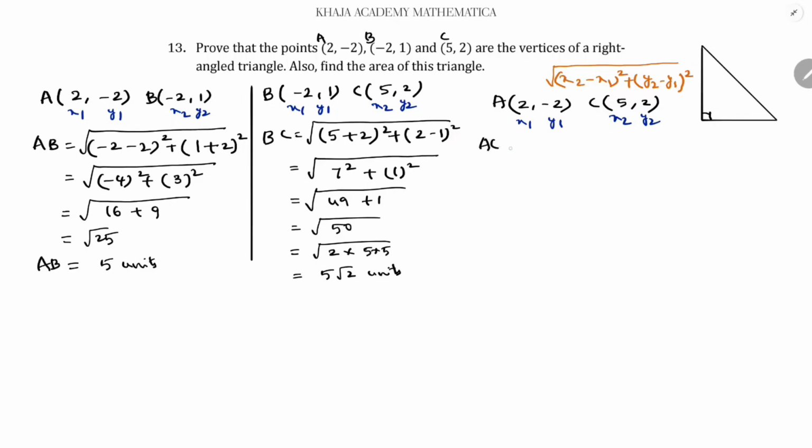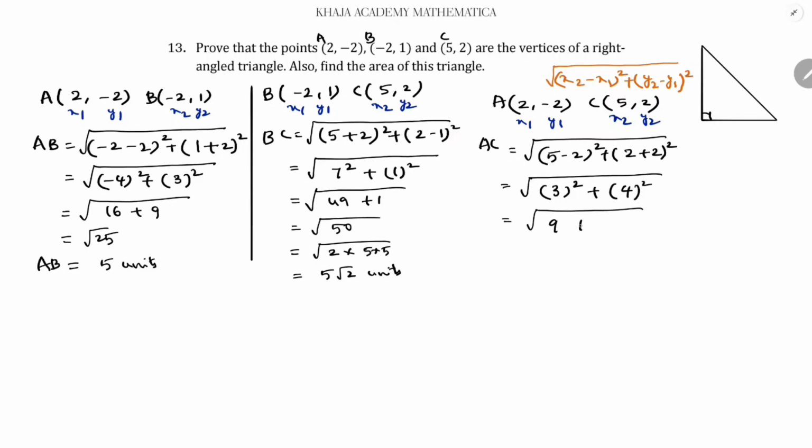Now the AC distance: 5 minus 2 whole square, 2 minus of minus 2, plus 2, whole square. 5 minus 2 is 3 square, 2 plus 2 is 4 square. So 9 plus 16, root 25, which is 5 units.